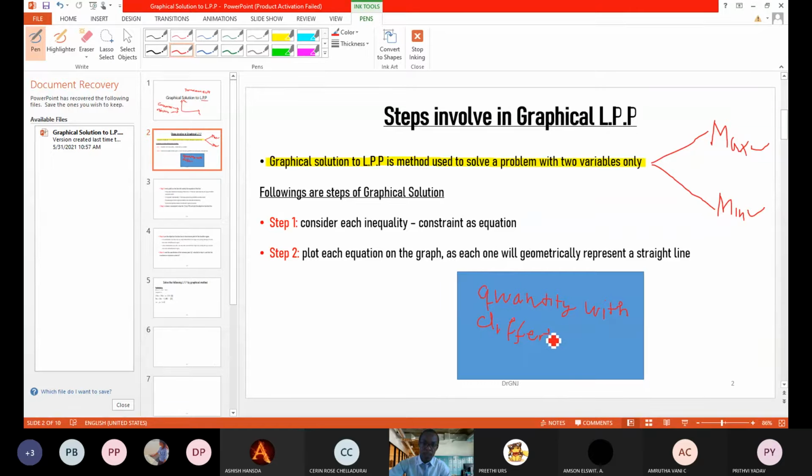The quantity with different values is known as inequality. Underline this one, inequality. All right.